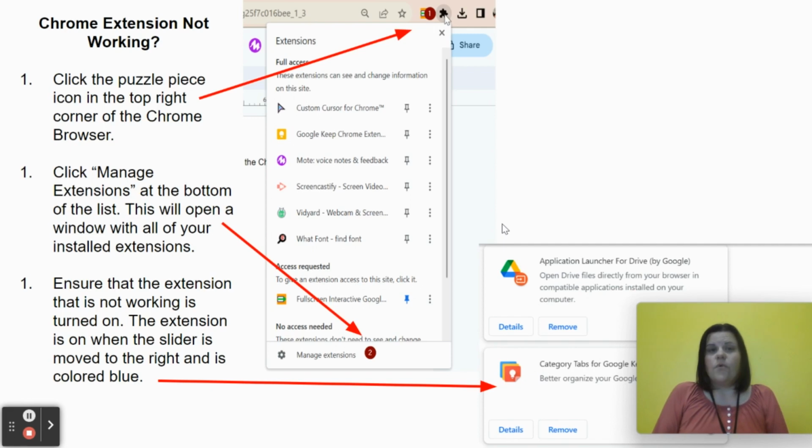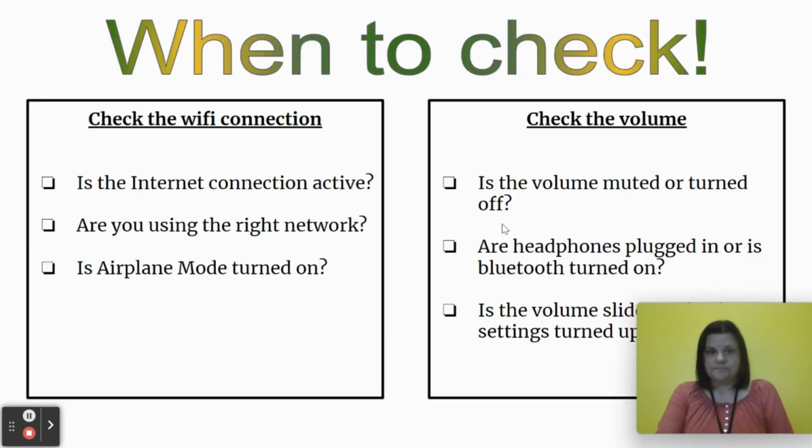This is great for any kind of extensions that you have installed, whether it's Flubaroo on Google Sheets or Screencastify, any kind of font that you have loaded, or even the Google Keep Chrome extension would be a great one to make sure that you are using and utilizing and managing correctly.